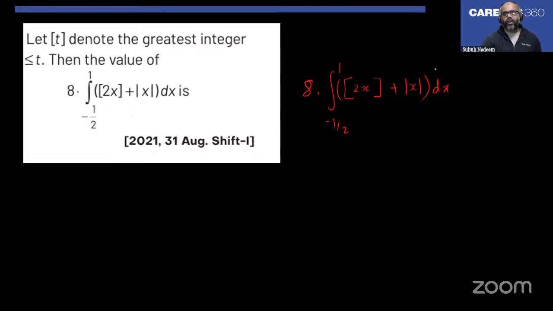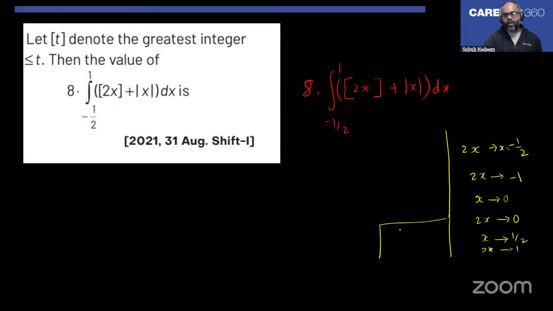So what we will do here, first of all, 2x will be an integer at minus half, where x is equal to minus half, so 2x is minus 1. If x is 0, then 2x is 0. If x is half, 2x is 1.